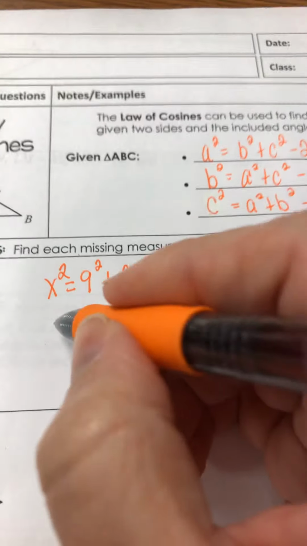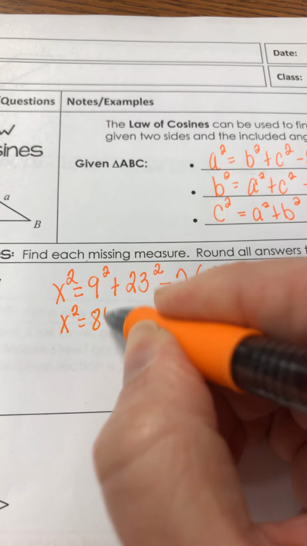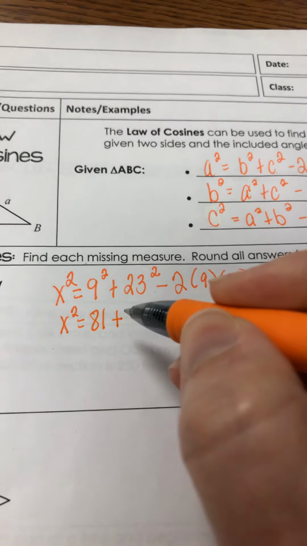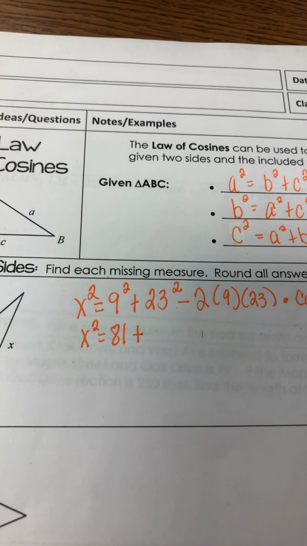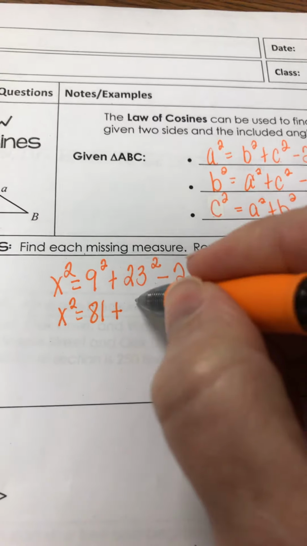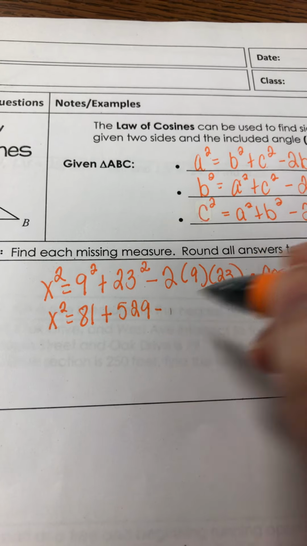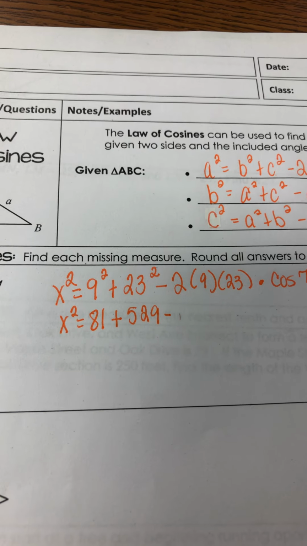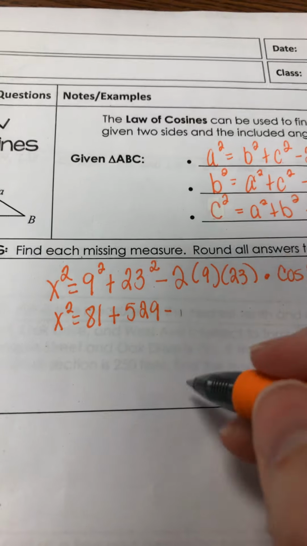So now let's go through and get rid of some of these squares. We've got 9 squared, which is 9 times 9, which is 81. Then we have 23 squared, which is 529, minus, okay, then we have 2 times 9 times 23. That's going to give us 414.